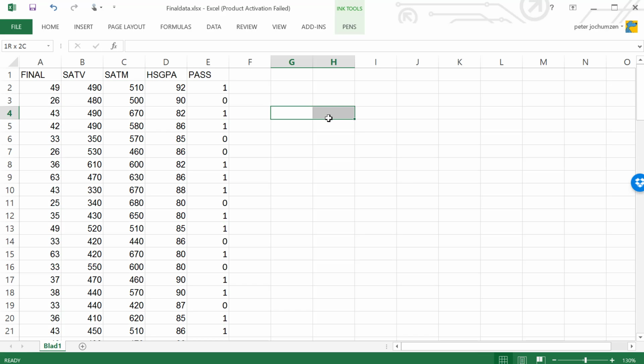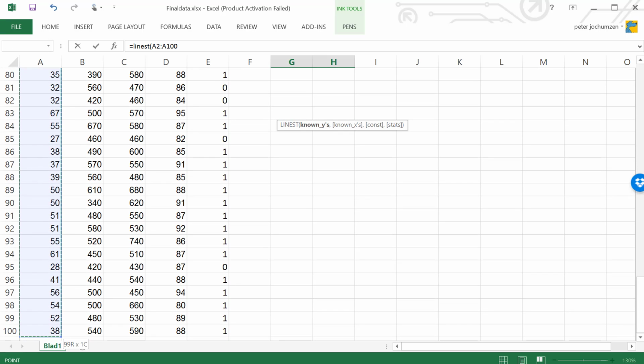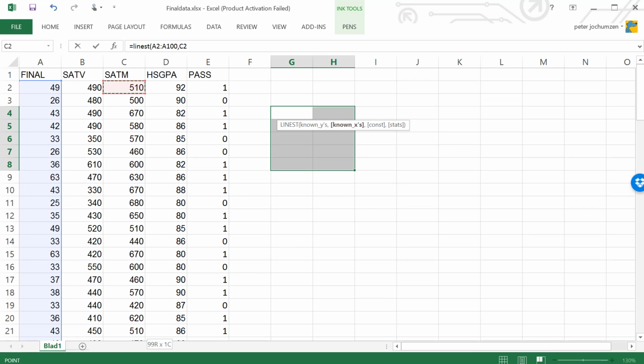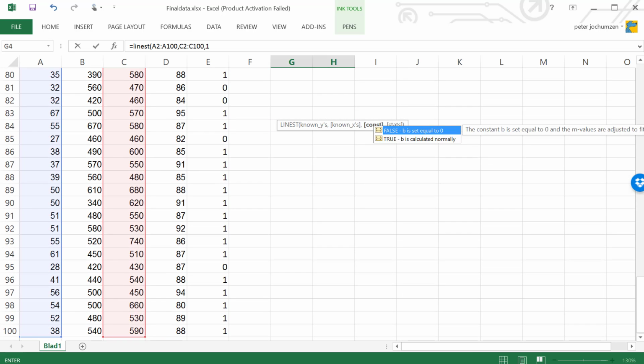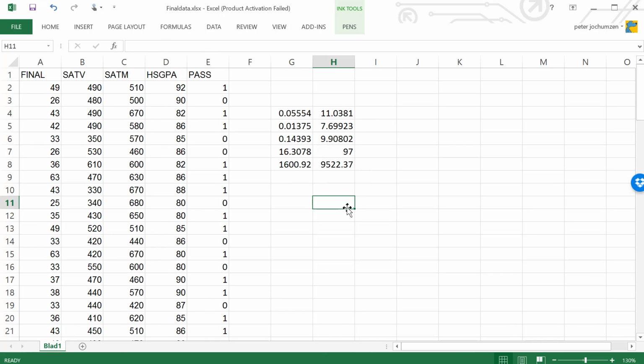So let's do that. LINEST, y variable, that's my final, comma, the x variable is the SAT-M, intercept, statistics, shift, control, enter. So that's it.